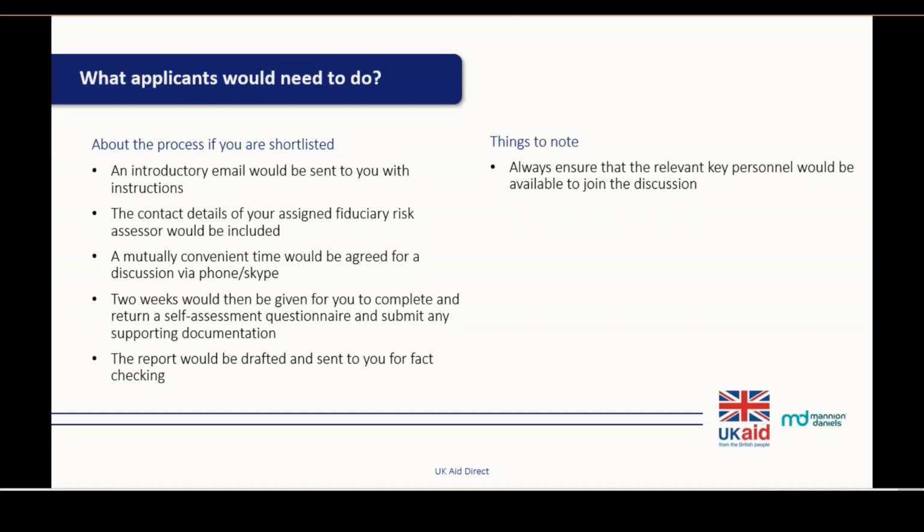The fiduciary risk team passed on one word of warning, which is to not go out and start writing a whole load of policies on the back of the due diligence process. The due diligence does include recommendations for which policies you need to write, and they'd much rather see an accurate view of where you're at currently, rather than where you think you might need to be.